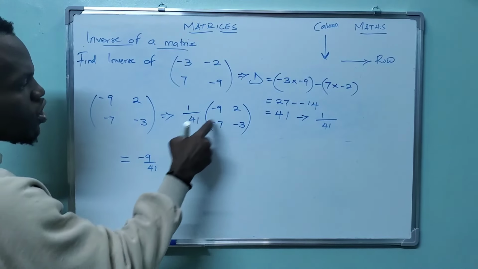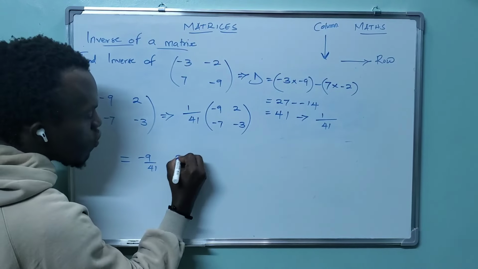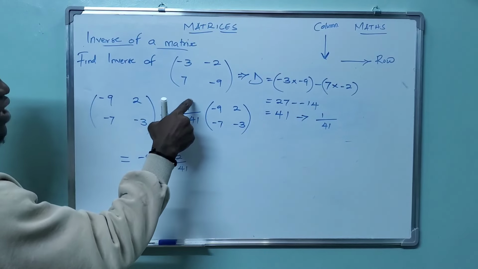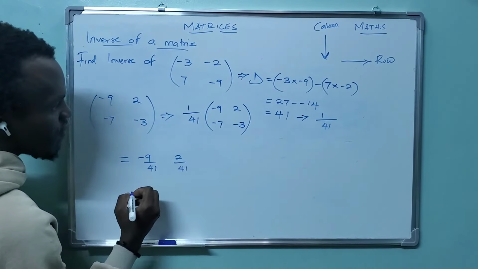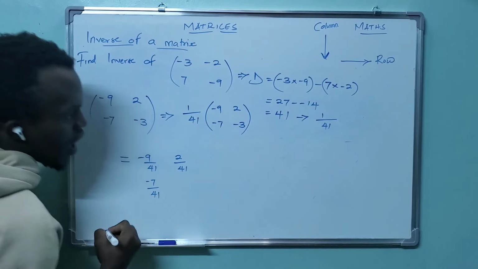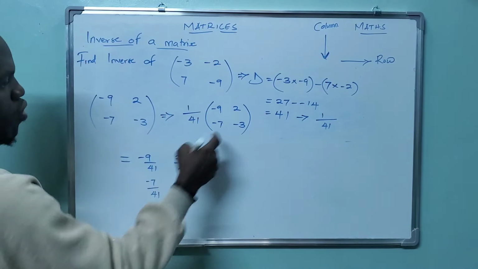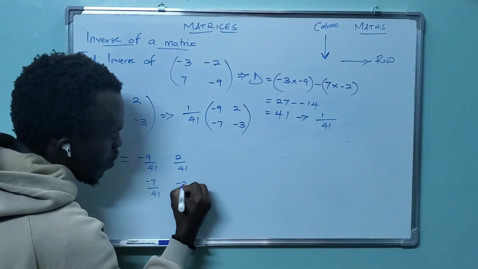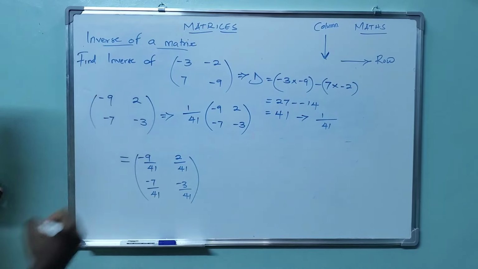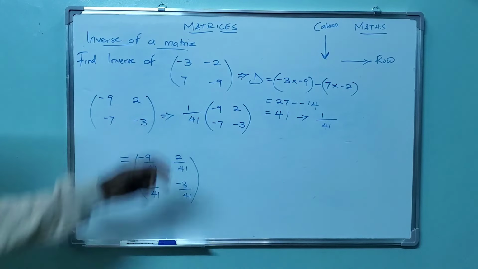Then 1 over 41 multiplied by 2, I'm going to have 2 over 41. Then 1 over 41 multiplied by negative 7, I'm going to have negative 7 over 41. Then 1 over 41 multiplied by negative 3, I'm going to have negative 3 over 41. And that is my inverse of that matrix.